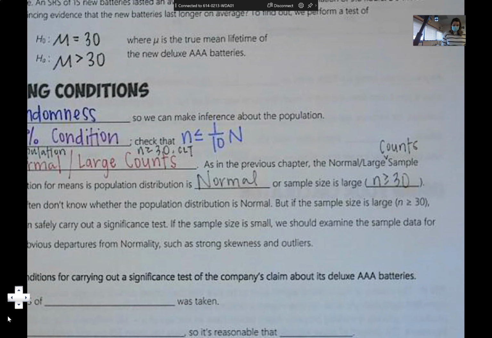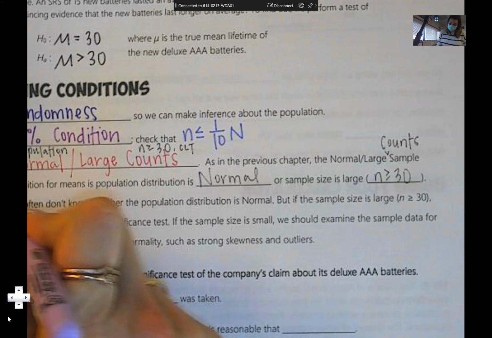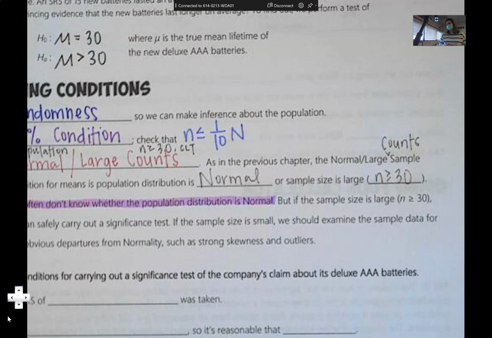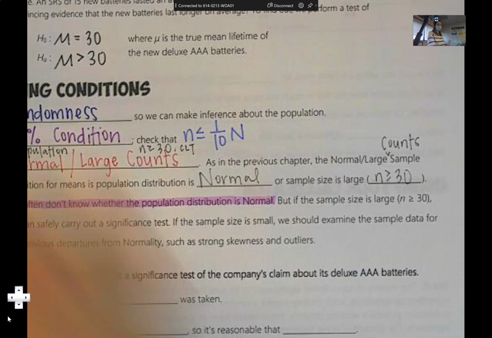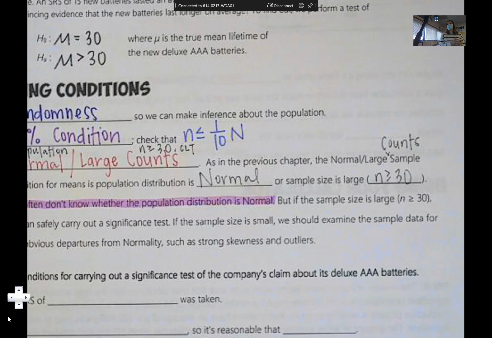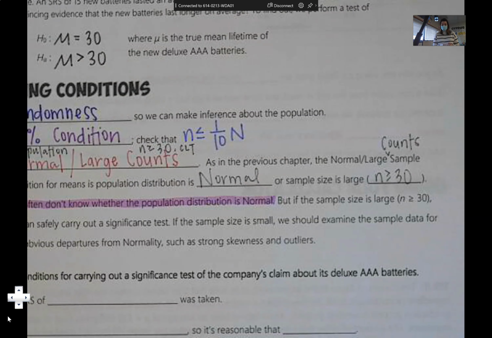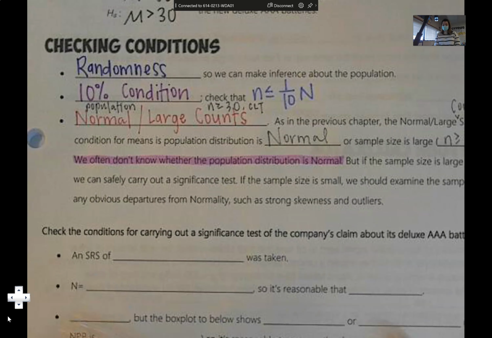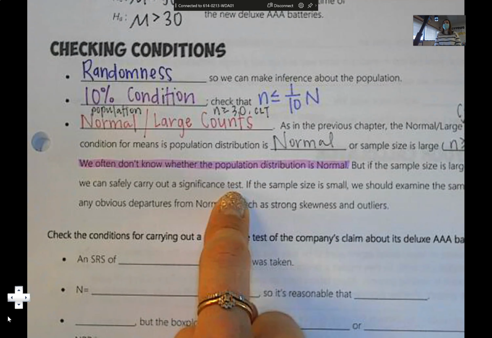The issue is we often don't know if the population is normal. So this is the biggest issue here. We often don't know if our population is normal. So if the sample size is large, we can run the test because of CLT.